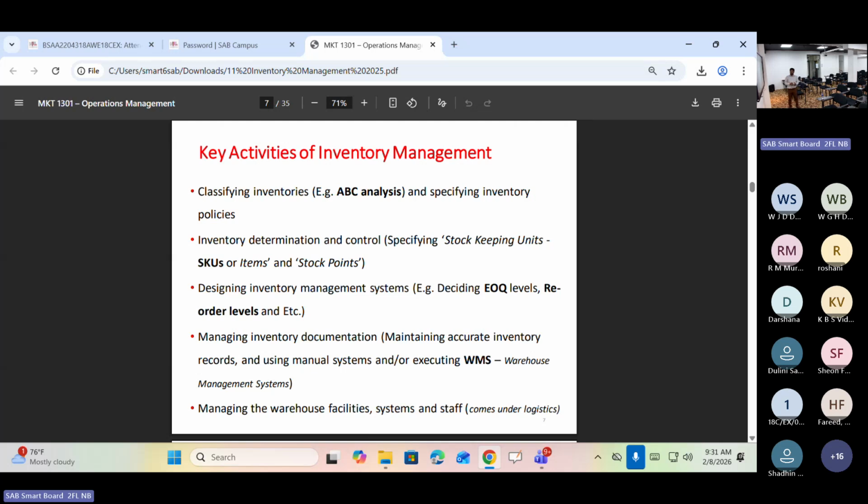There are many different inventory management activities that I have divided into a few categories, as shown in slide number 7. They are recognized as key activities of inventory management, which operations managers, factory workers, warehouse managers and staff are involved in. I have mentioned a few of them here.